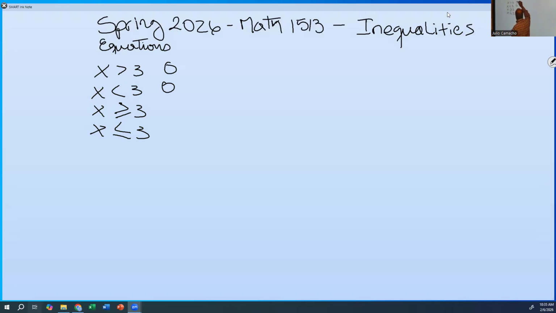When you have to graph the first two, you have to use an open circle or parentheses.